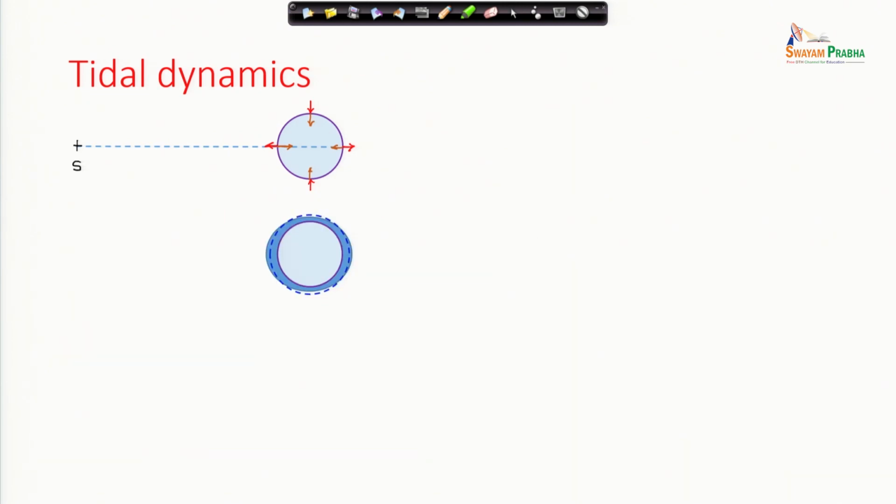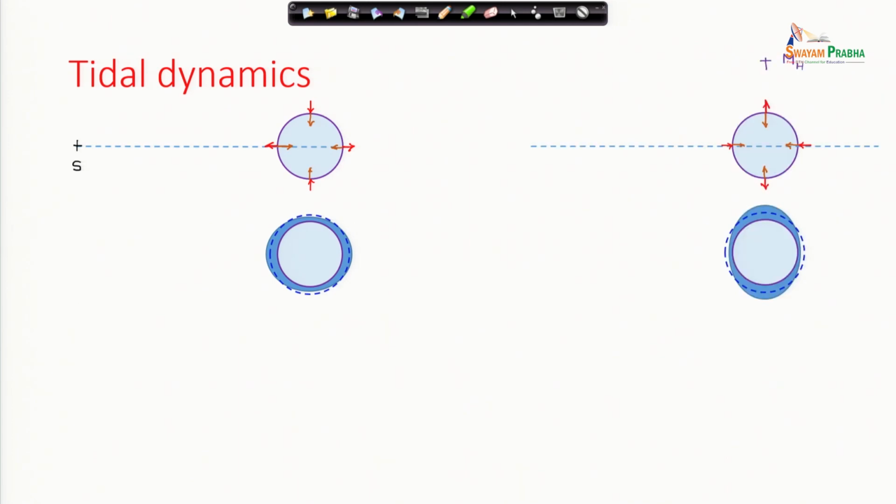Whereas, if you have, this is again the sun, because of the sun you have a tidal bulge. Now, the moon's location is 90 degrees to the sun earth line. In that case, the tidal bulge because of the moon is rotated by 90 degrees with respect to that of the sun, and you will notice that they are in opposition. The moon tends to pull the tidal bulge toward itself, whereas the sun depresses it.